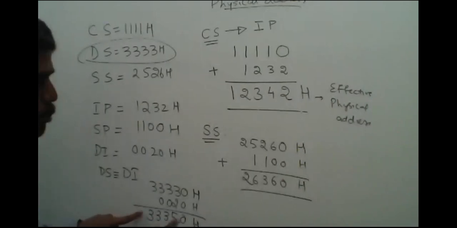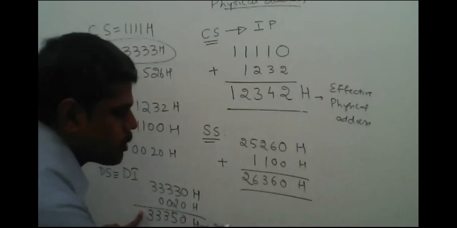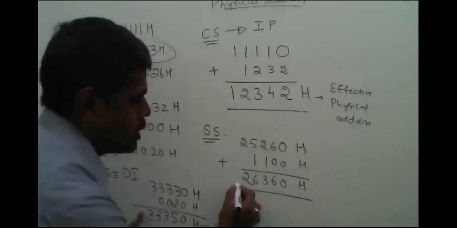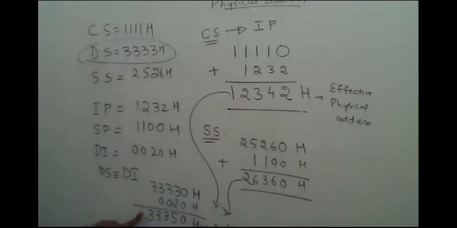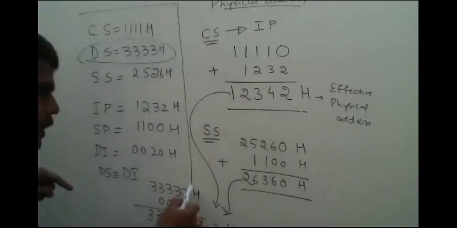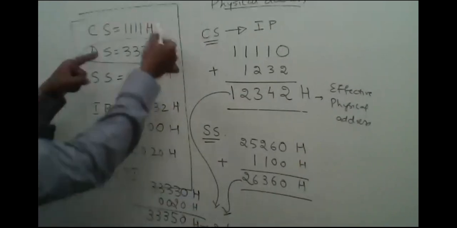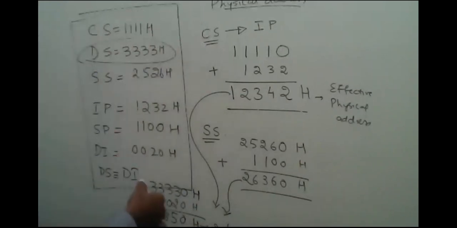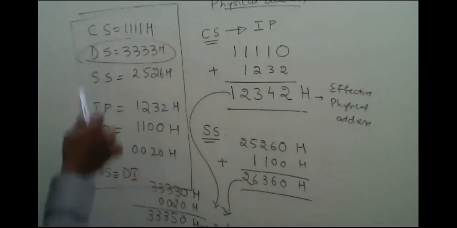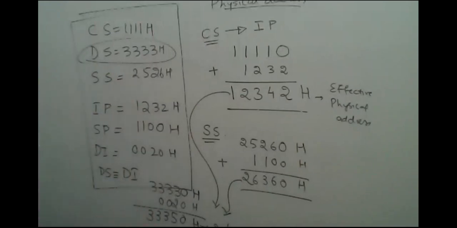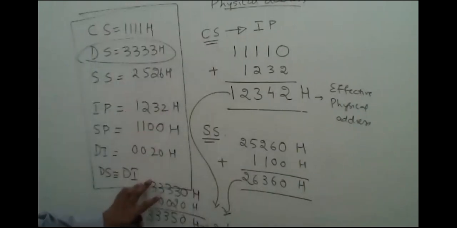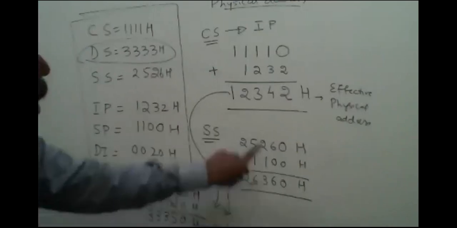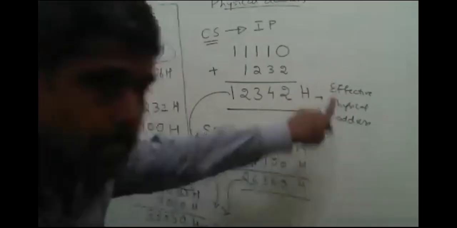So this is represented using 20 bits. This is also represented using 20 bits. But all the registers that are there are storing only a 16-bit representation. This is important. So all this effort is to convert the 16-bit representation values into a 20-bit representation effective address.